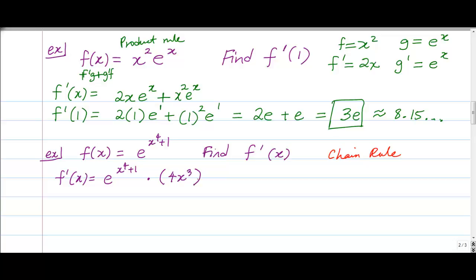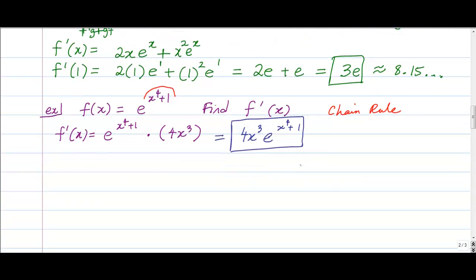The inner function here is x to the 4th plus 1, so we want the derivative of that, which is 4x cubed. And then we can simplify this as 4x cubed times e to the x to the 4th plus 1. That is my final answer, or simplified form, rather, simplest form.